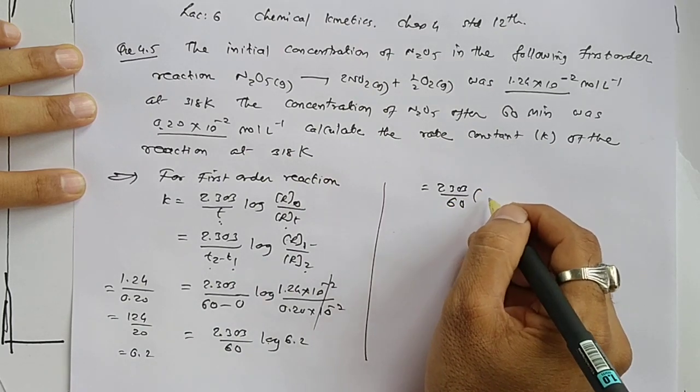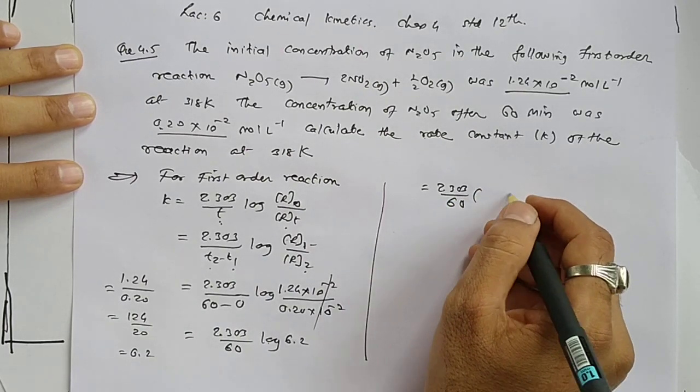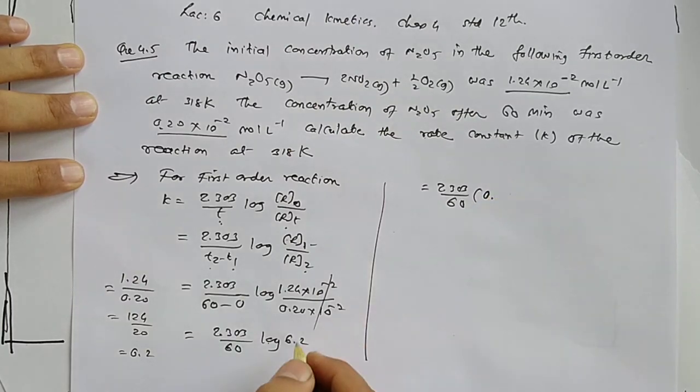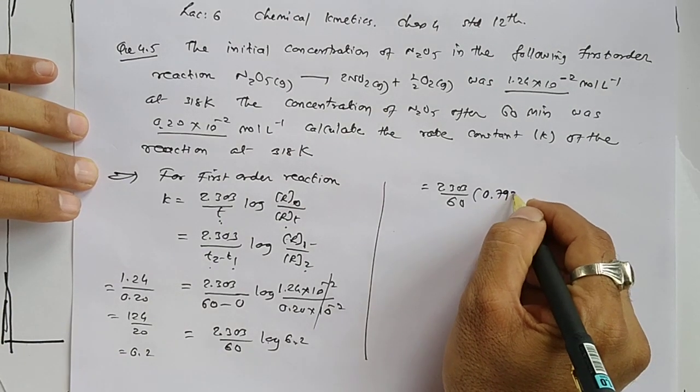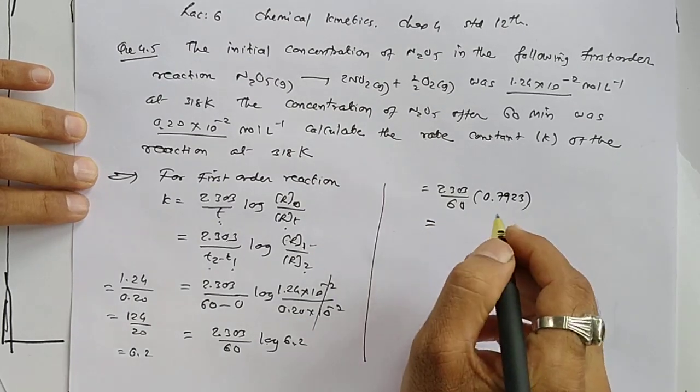So 6.2. Yes. Now here 2.303 upon 60, value of log 6.2. Before the point there is one digit, so 1 minus 1 is 0. So the value of 6.2 in logarithm is 0.7923.